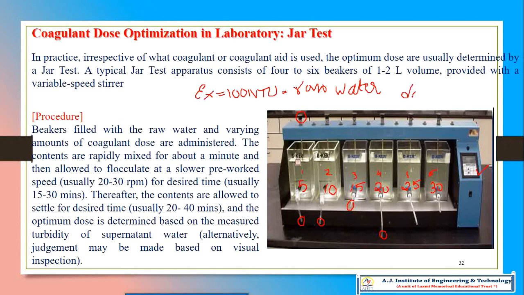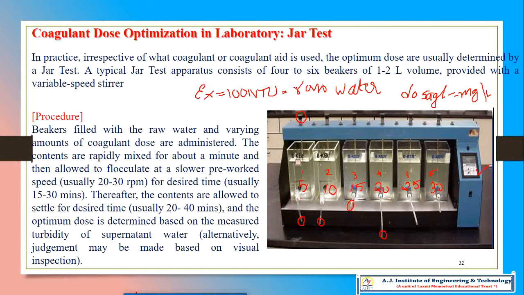Your alum, aluminum sulfate, is available in powder form. You confirm how you can make it a liquid form, that is, you convert into milligram per liter. So 5 milligram per liter here, 10 here, 15 here, 20 here, 25 here, 30 milligram per liter here.